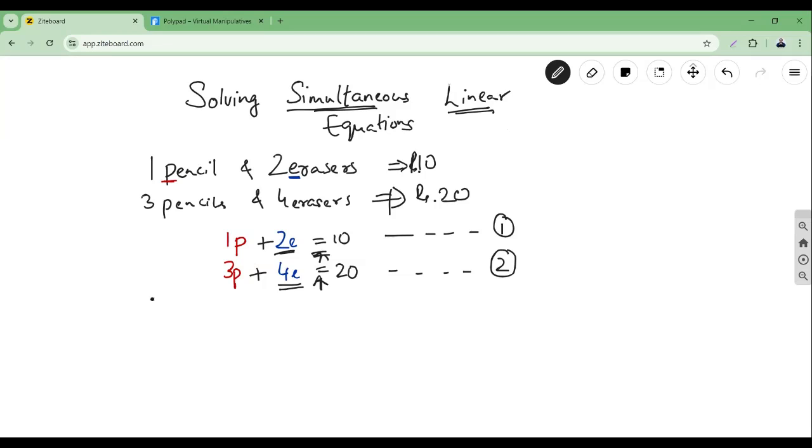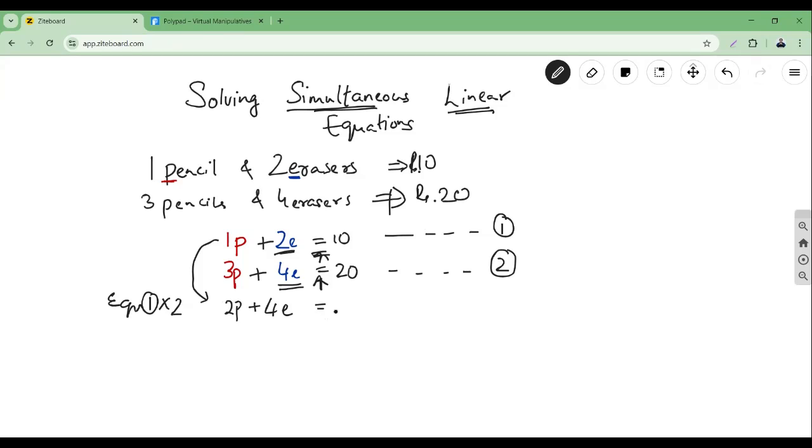Equation 1 multiplied by 2. When I'm doubling this, what is happening? In equation 1, I have doubled the 1p, so it becomes 2p. If I multiply the 2e 2 times, that means doubling it becomes 4e.